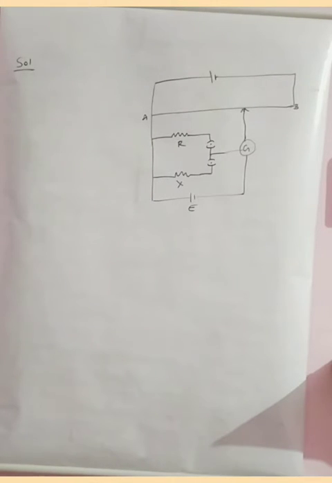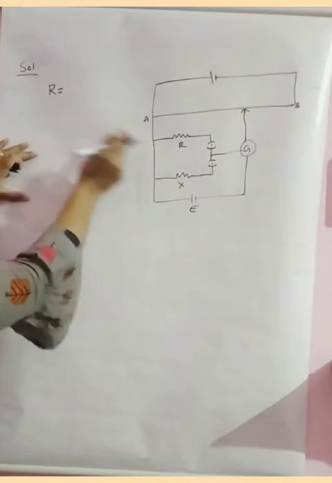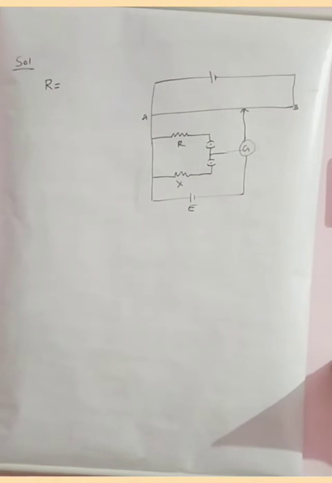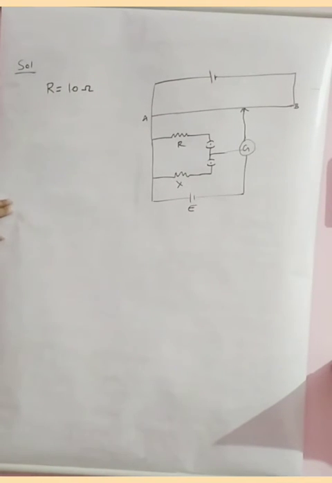The balance point with standard resistance R. This is the standard resistance, which has a value of 10 ohm. It's found to be at 58.3 centimeter.